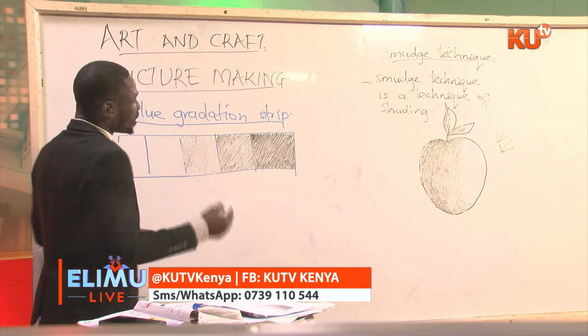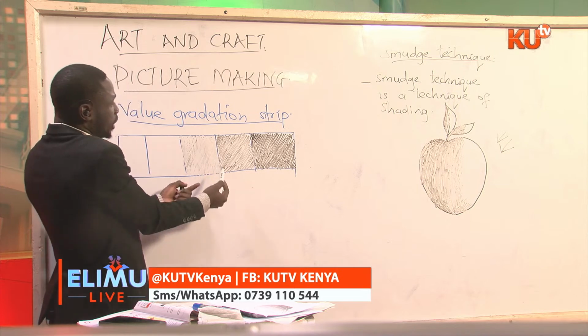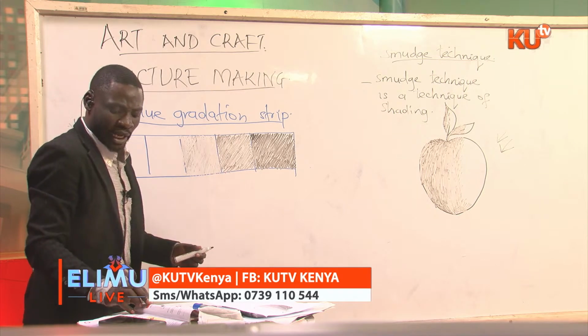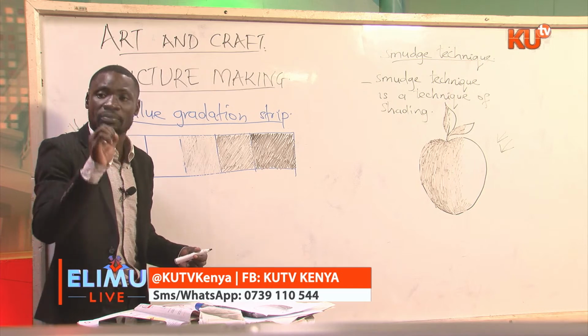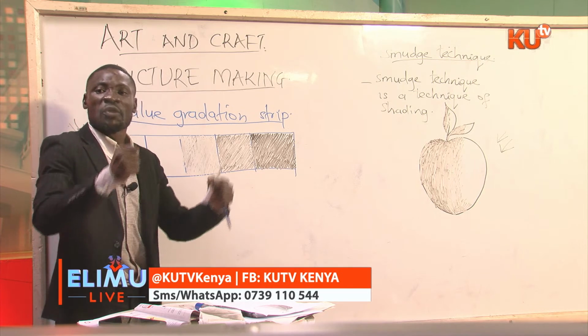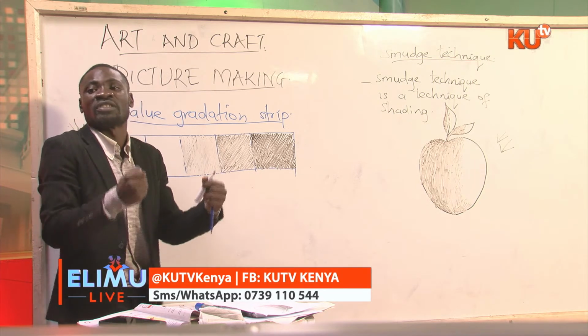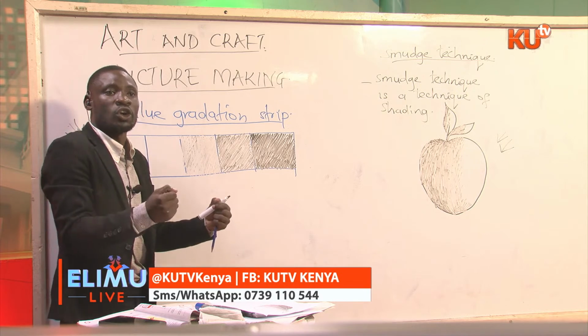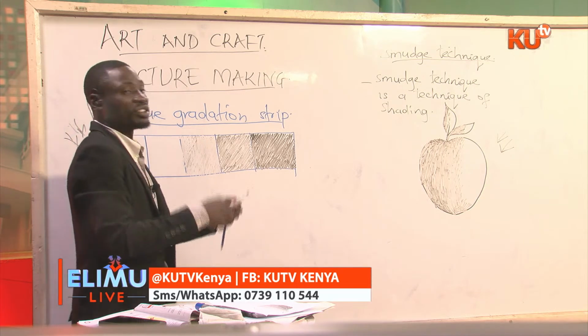So with the smudge technique, when we are coming up with a tonal value, the value helps us to identify which part of an item is darker and which part is lighter.